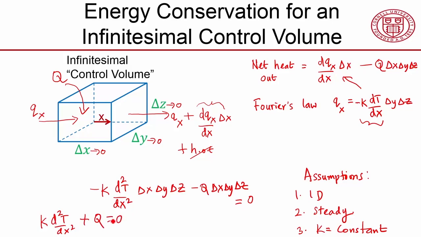That's called the heat equation, and that represents energy conservation for an infinitesimal control volume. That's a governing equation, defined over the length of the bar, and we need to add in the boundary conditions, which I'll do when I summarize the mathematical model.